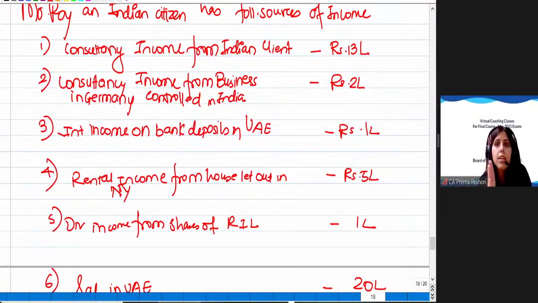He can be resident if he crosses the 182-day threshold, right? But he will not get the exception of 120, 182-day like that. So if he fulfills either the 182-day condition or 60 days and 365 days, he becomes resident.